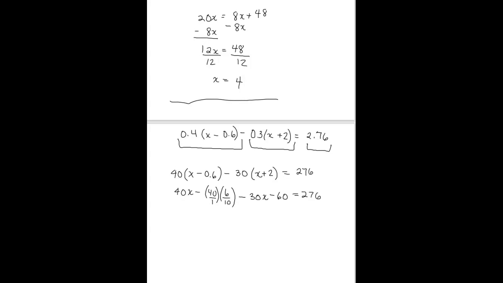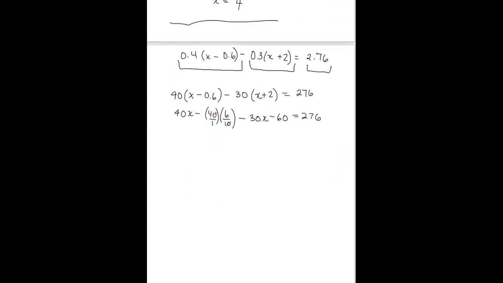So let me go ahead and use a different color to cancel things out so it's easier to see. I'm going to cancel this 10 and this 10. All right, so now I've got 4 over 1 and 6 over 1. That's a whole lot easier to multiply. Right, that's going to wind up being nothing more than a 24. So I'm going to scroll this down just a tiny bit so I have more room to work with.